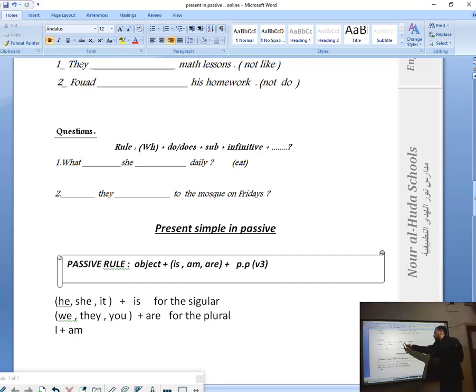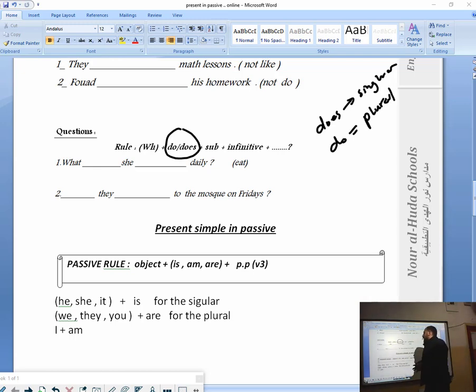Simply by using do and does. And again, does for the singular and do for the plural.